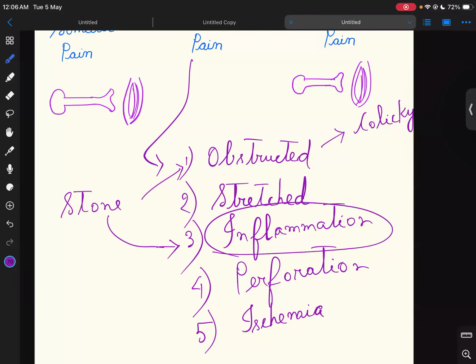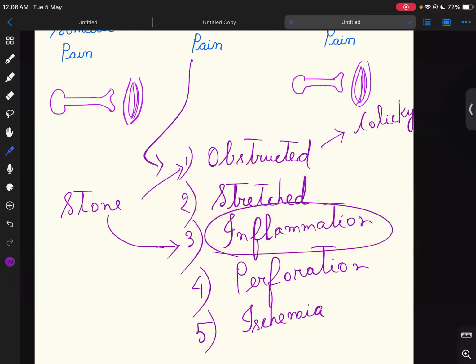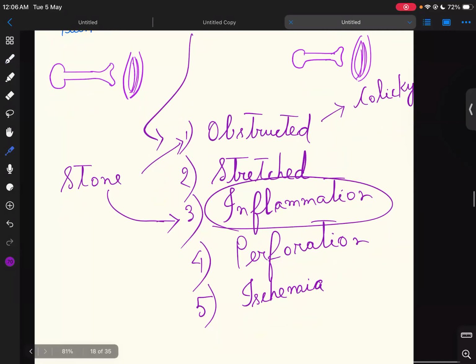So cholecystitis will cause pain. Pyelonephritis will cause pain for 2 reasons: one, the stretching of the capsule, another, the inflammation of the gland itself. In hepatitis also, pain can be produced, due to the stretching of the capsule and also due to the inflammation of the organ itself. In diverticulitis, the patient will have pain due to inflammation. In ulcerative colitis, again the patient will have pain due to inflammation, mostly left lower quadrant pain.